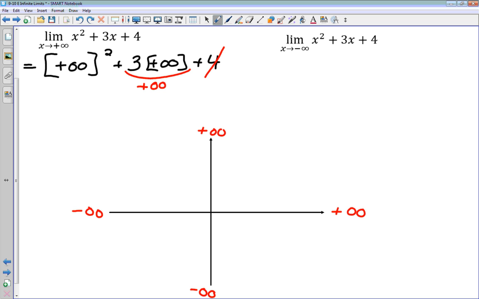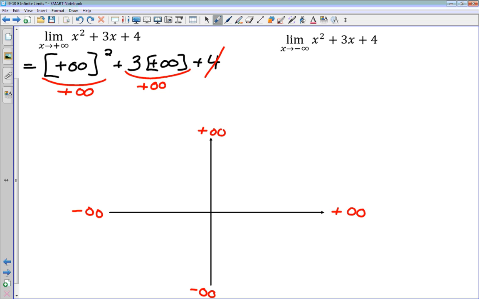This first term here, if I do positive infinity times positive infinity, well, I've got a positive times a positive. That, again, is going to give me a positive infinity. Okay? So these first two terms suggest to me that I'm going to end up with the first term going off to positive infinity, the second term going off to positive infinity, the last term we don't even care about.